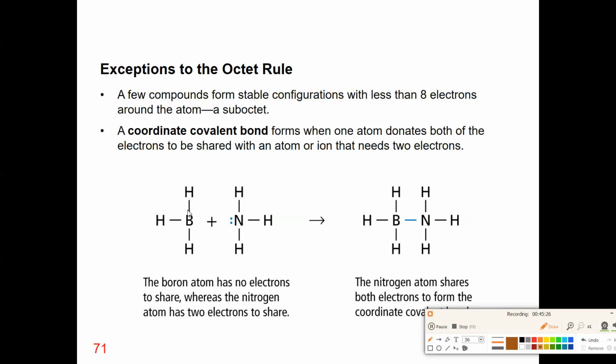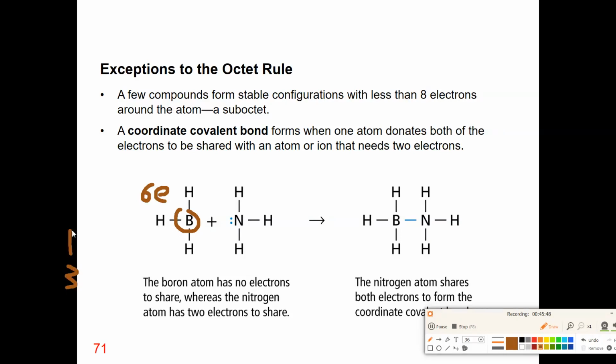Boron is another example. If you count this structure, boron has 6 electrons, right? So it's not an octet. Boron, group 3, has 3 valence electrons.